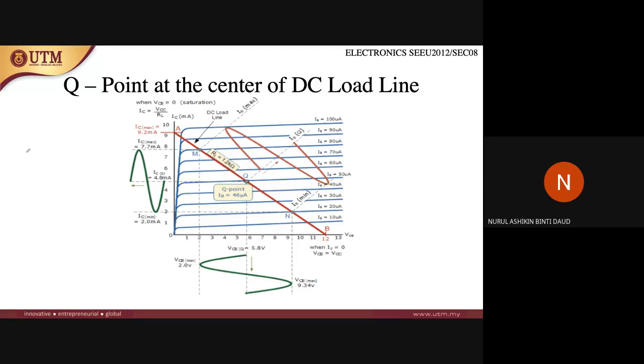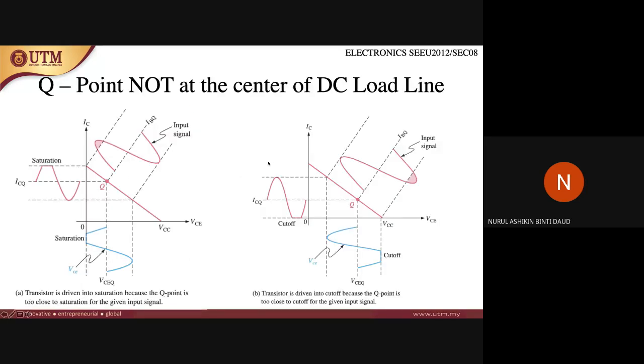It means that the transistor is not ideal. For an ideal transistor, the Q point is usually at the center of the DC load line. So let's look at what will happen if the Q point is not at the center of the DC load line. If the Q point is driven into saturation, it means that it is located near.